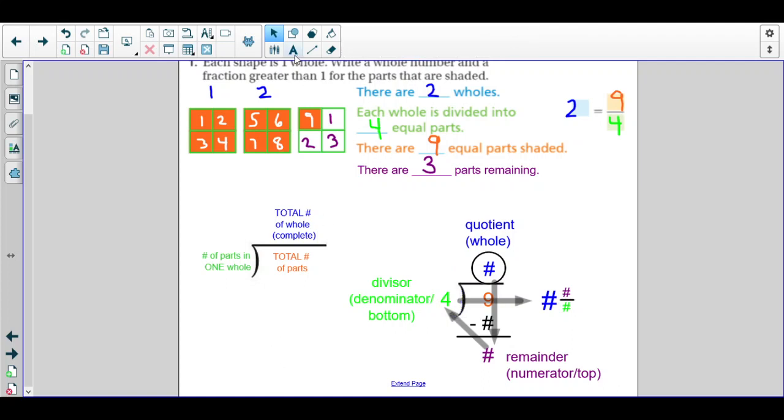So now I need to think 4 times what number is going to get me as close as possible to 9 without going over. And that number is 2. Because 4 times 2 equals 8.